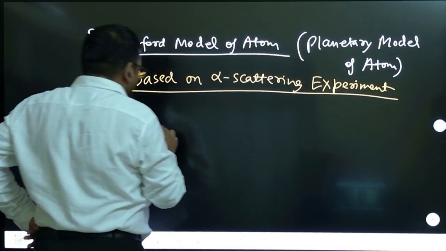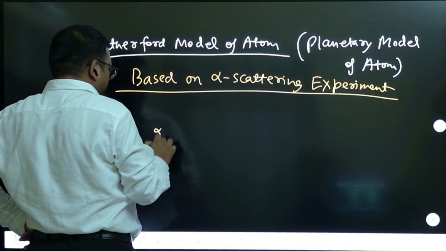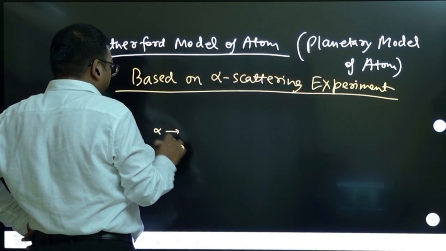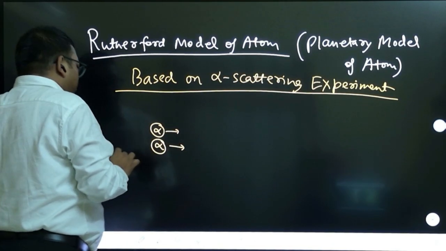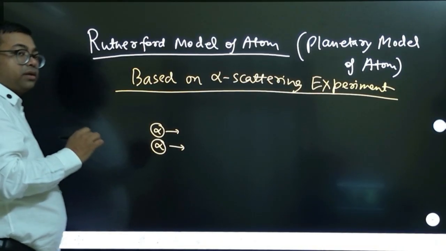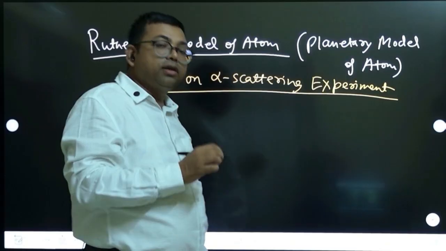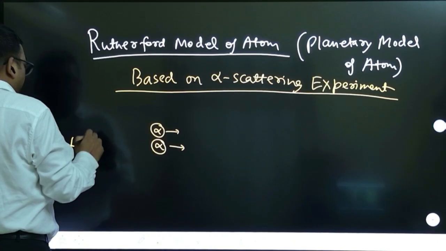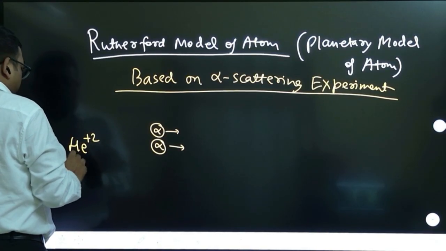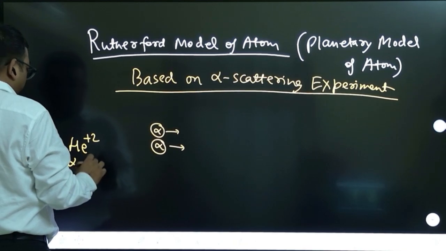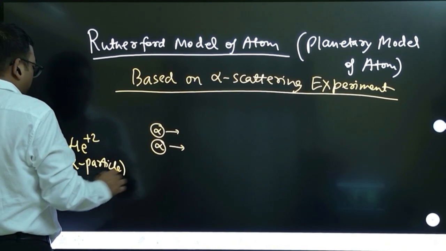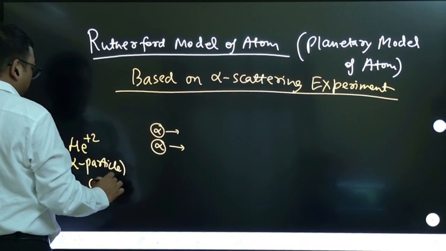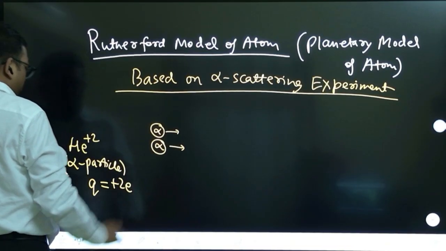In the alpha scattering experiment, the alpha particles are projected at very high speed. What is an alpha particle? Alpha particle is nothing but a helium nucleus, helium plus 2. So what is the charge of alpha particle? Charge is plus 2 electronic charge.